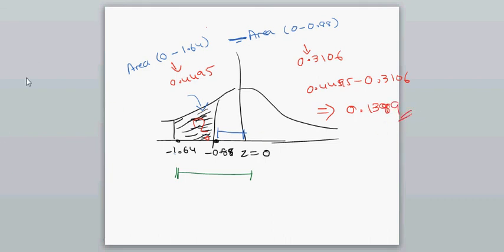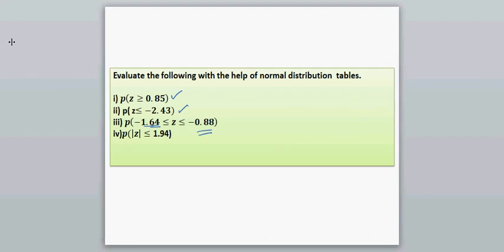And the last problem, look at the last problem. Z less than or equals to 1.94. This you can write as Z in between plus 1.94 to minus 1.94.